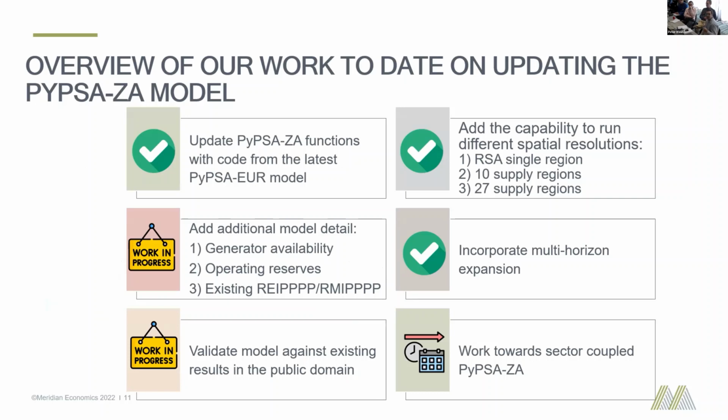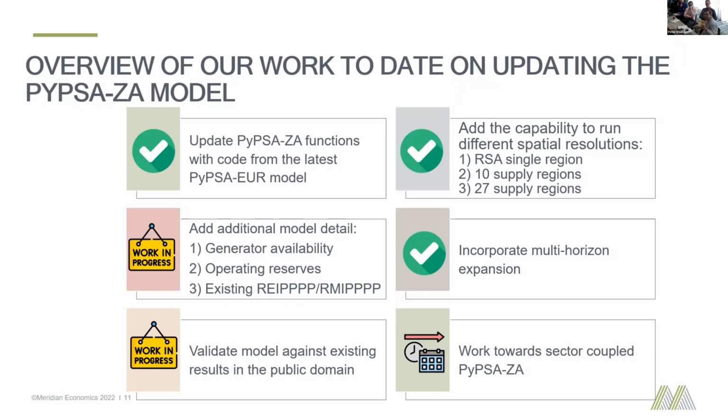So we have a very specific end goal: that we want something that is comparable and provides the same sort of functionality to how the DMRE and ESCOM do the IRP. A little bit of history on that: our IRP is typically very low spatial resolution, so it's a single node model, essentially like a lumped capacity model, but with multi-horizon intertemporal expansion.